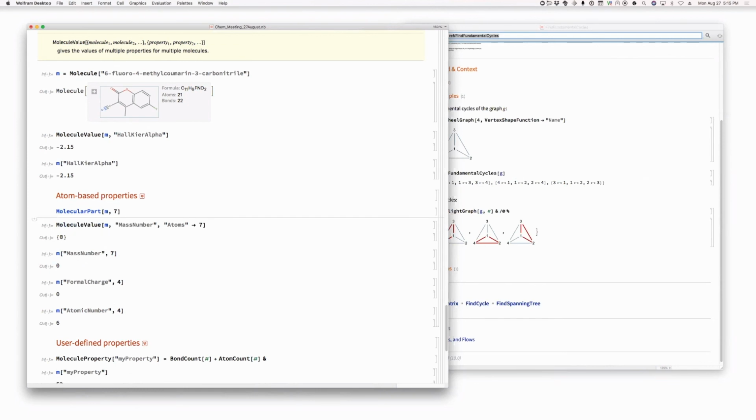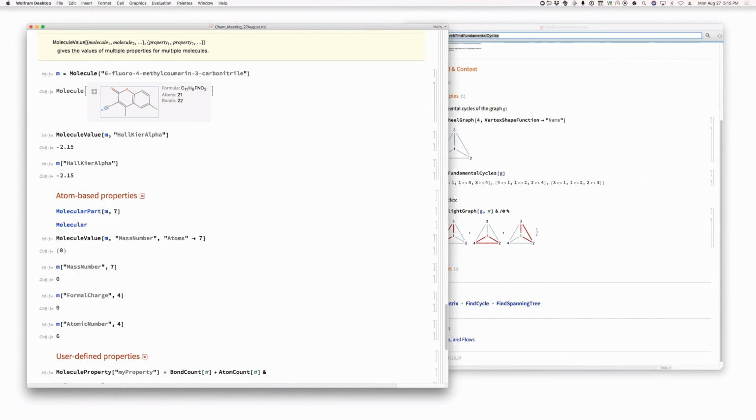I would have thought you have to say molecular property, and then M, and then the part specification, 7, mass number, where maybe that second argument is optional. Do you get what I'm saying? Yes, defaulting to the whole molecule.